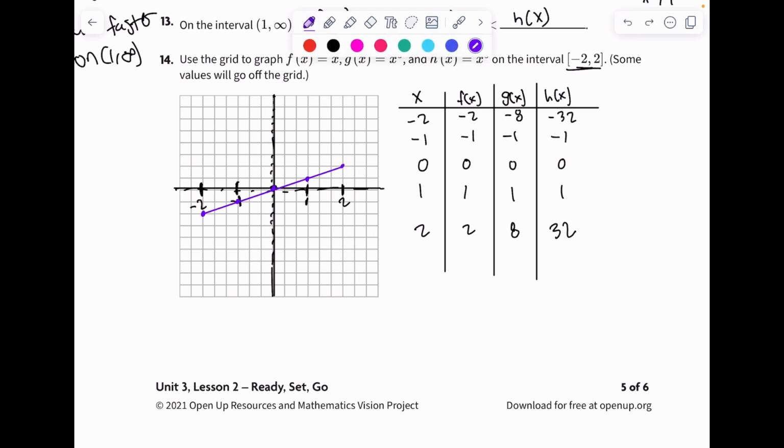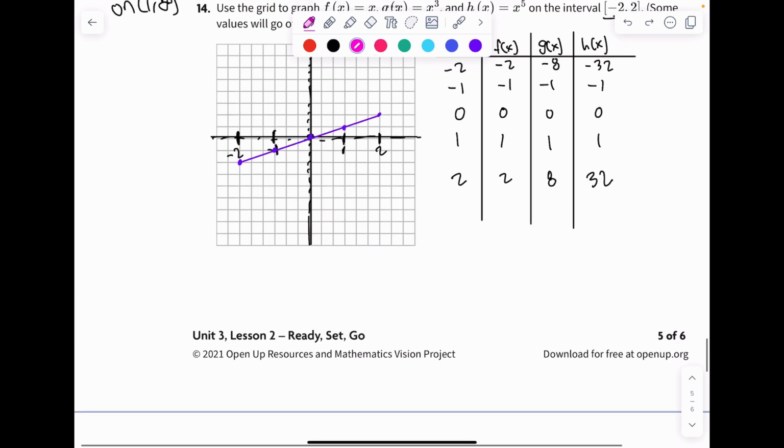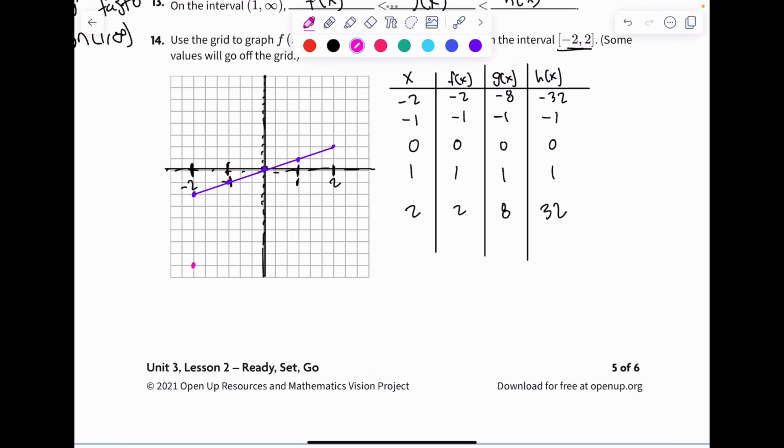I'll use the pink. Cool. And then at -1, I'm at -1, and then I'm back at 0, back at 1. At 2, I'm all the way up to 8. So it looks something like this. This is my g of x.